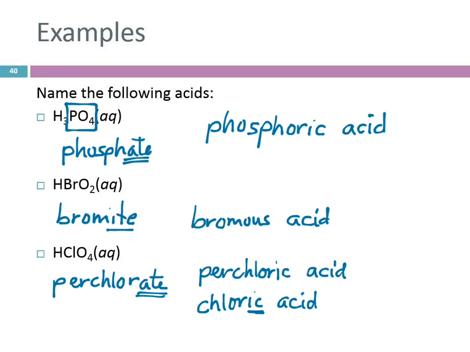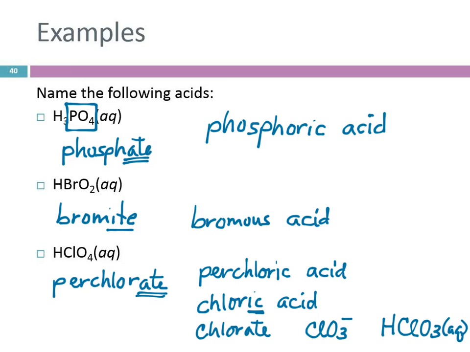Chloric. Ic comes from ate. This comes from the chlorate ion. Well, chlorate ion is ClO3 with a -1 charge. The -1 charge tells us we need 1 hydrogen. So this is the formula for chloric acid.